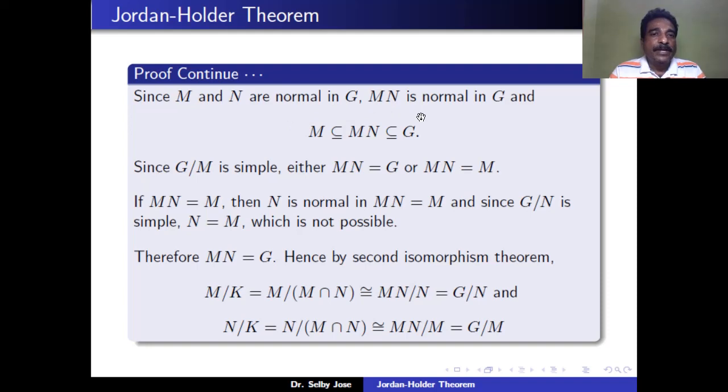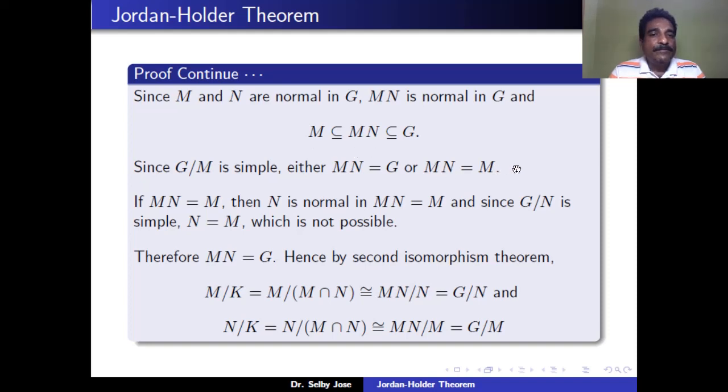So therefore MN is also normal in G, and M is contained in MN is contained in G. Because M is the second last term of the composition series, G mod M is simple by definition. Therefore, G mod M is simple means MN is either equal to G or MN is equal to M.